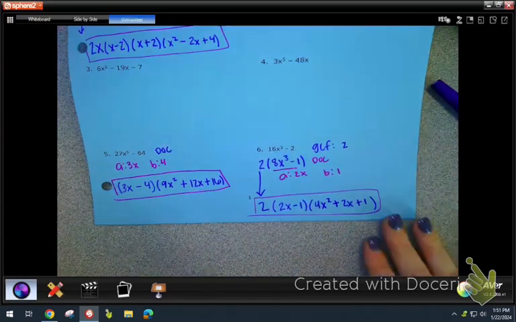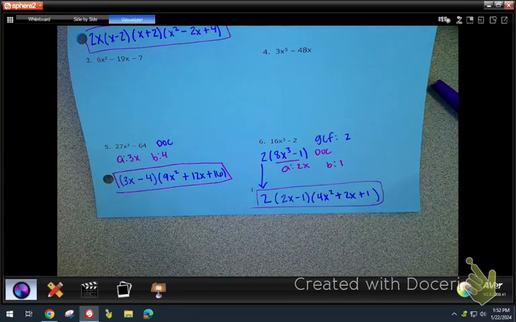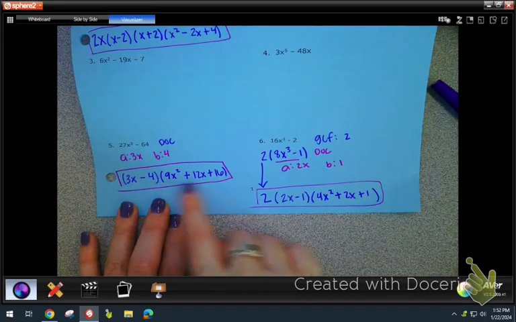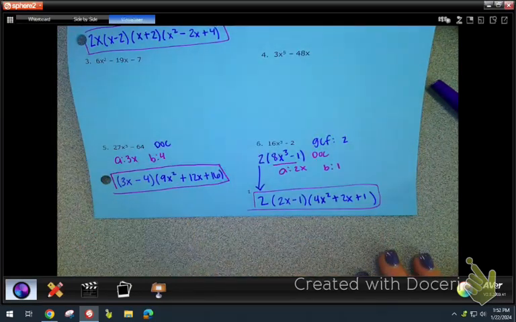All right, so here's this one. Again, you've got to watch out for those GCFs, but that was a review of sum and difference of cubes. It's a pattern that we need to be able to recognize. It's not as prevalent in these because these trinomials you really can't do anything with, even though they look like you should be able to.